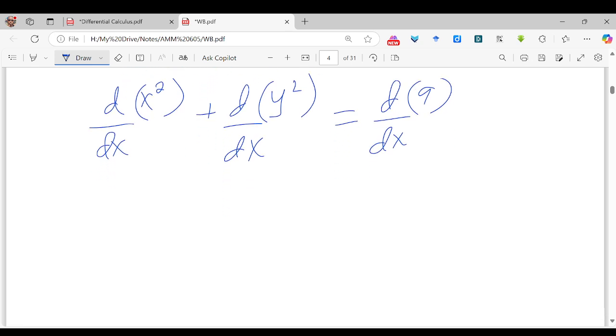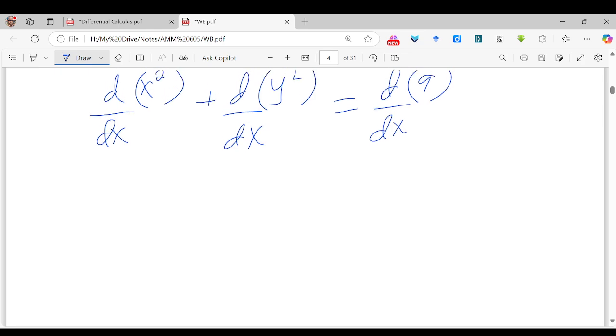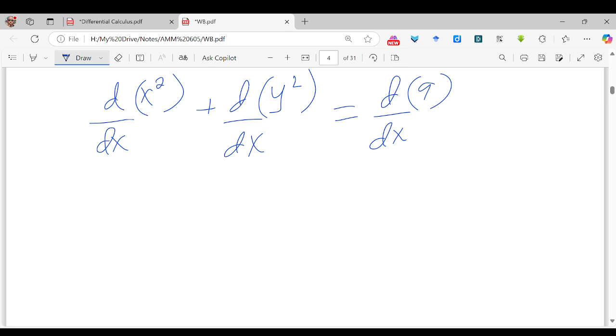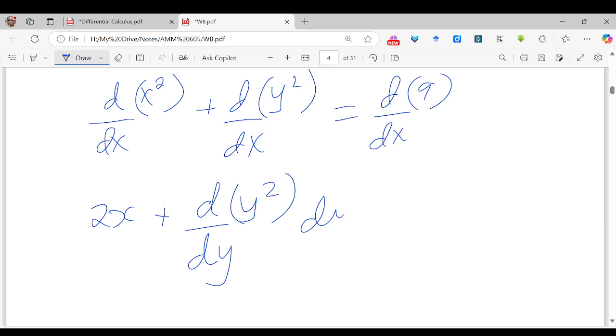These are the ordinary derivatives, which are total. So to differentiate x squared with respect to x, that will just give us 2x. But to differentiate y squared, we shall use what we call the chain rule. So we differentiate with respect to y squared, then we multiply by dy/dx.